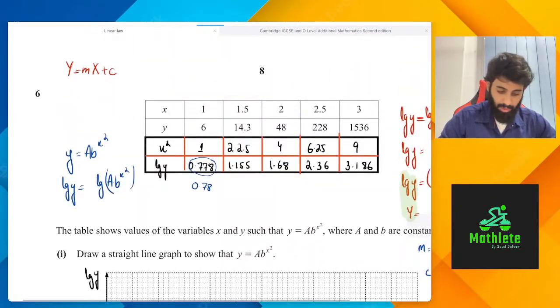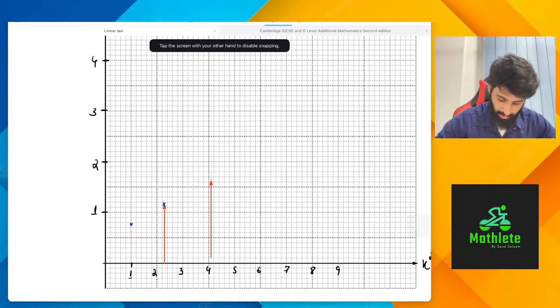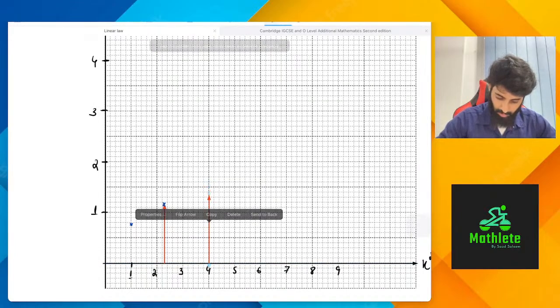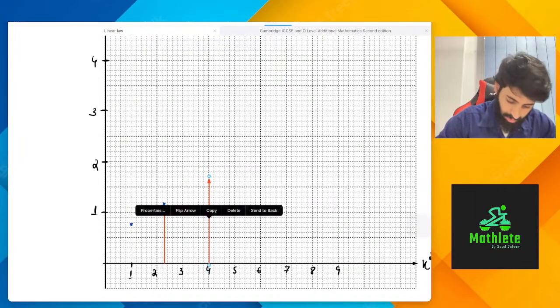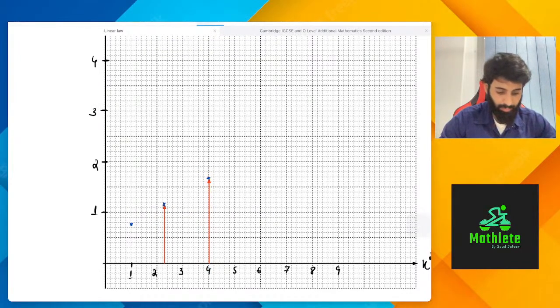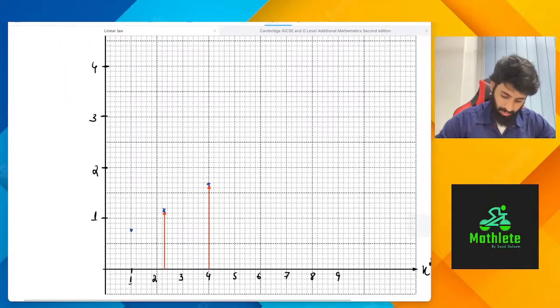Then you have 4 comma 1.68. This shouldn't be too difficult. 4 and 1.68. So here's 4, here's 1, here's 1.5, here's 1.6, 1.68. Keep it closer to 1.7. There you go. Then you have 6.25 and 2.36. So 6.25 is going to be somewhere over here.